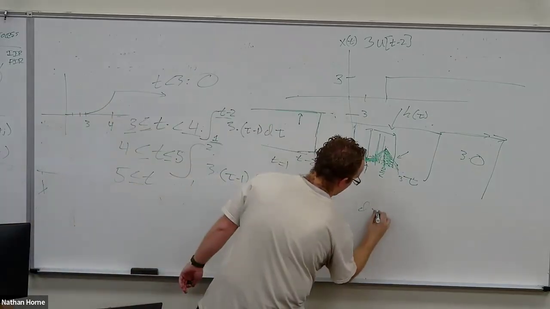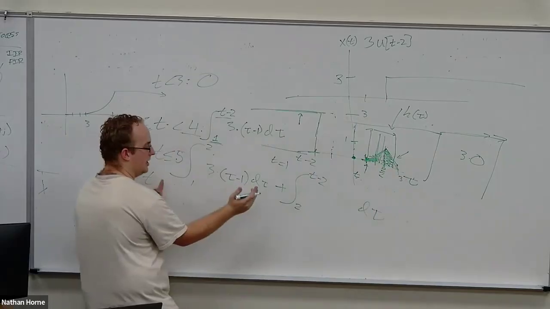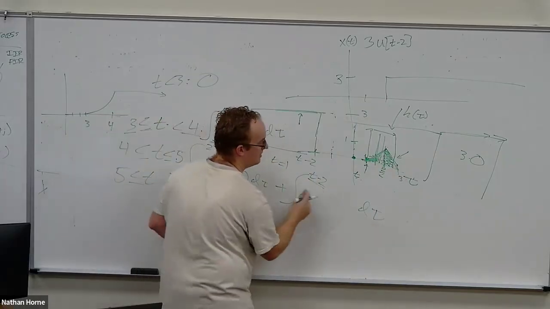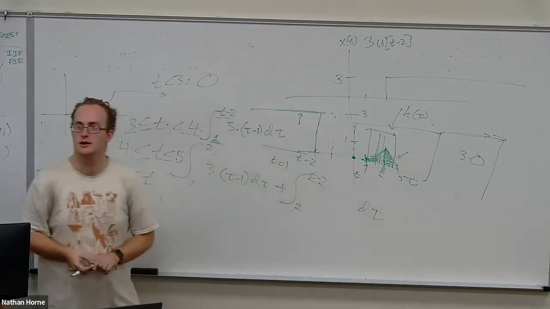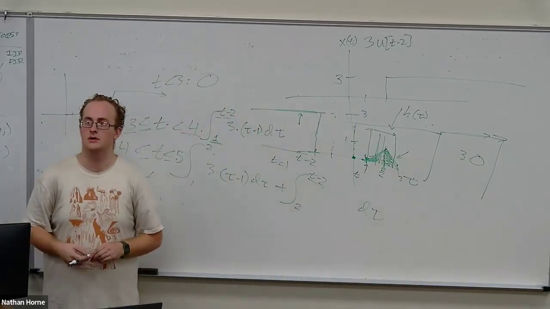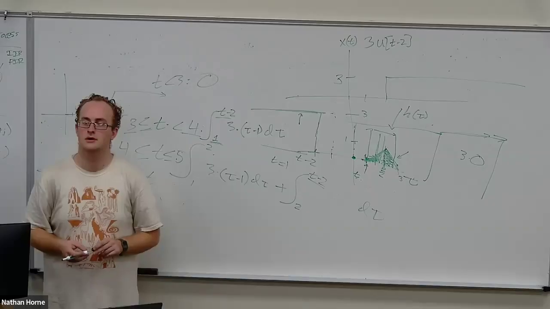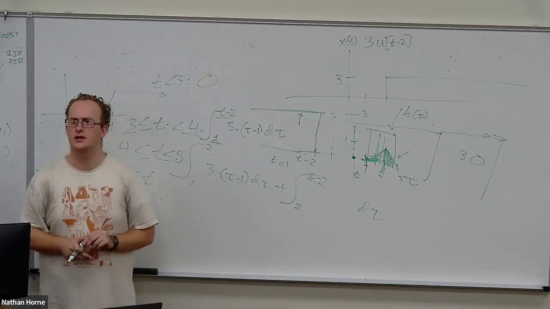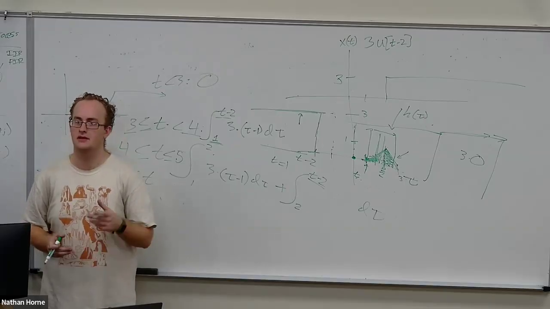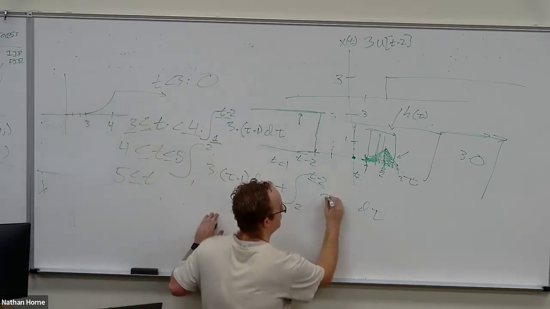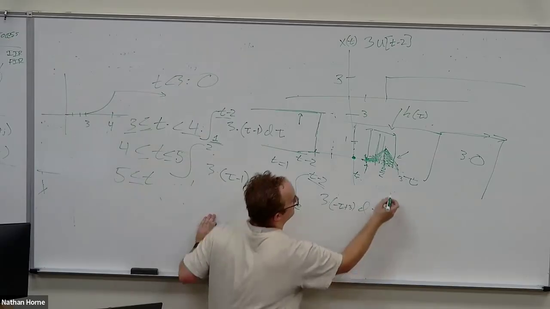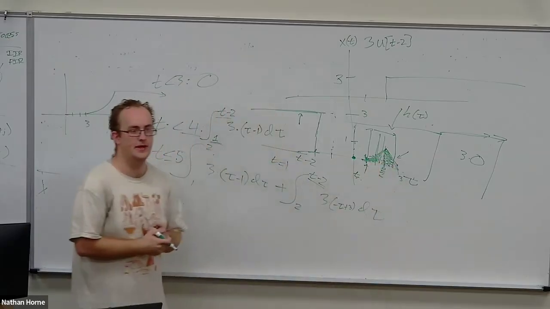It's going to have this same integral again, plus this integral, but now the upper bound is 3 instead of T minus 2. Would it be negative tau plus whatever the intersection at the y-axis is? I think it's like 3. Yeah, it'd be negative tau plus 3, so we'll have 3 times negative tau plus 3, I believe, is the formula for that.